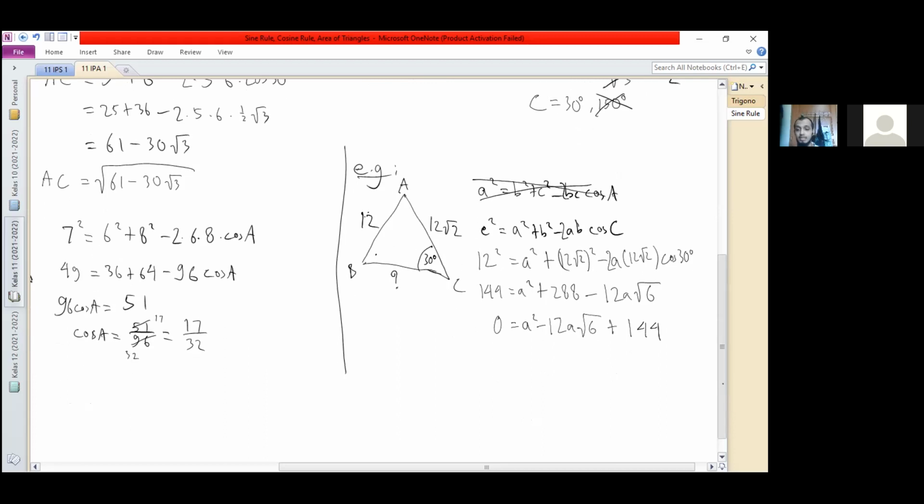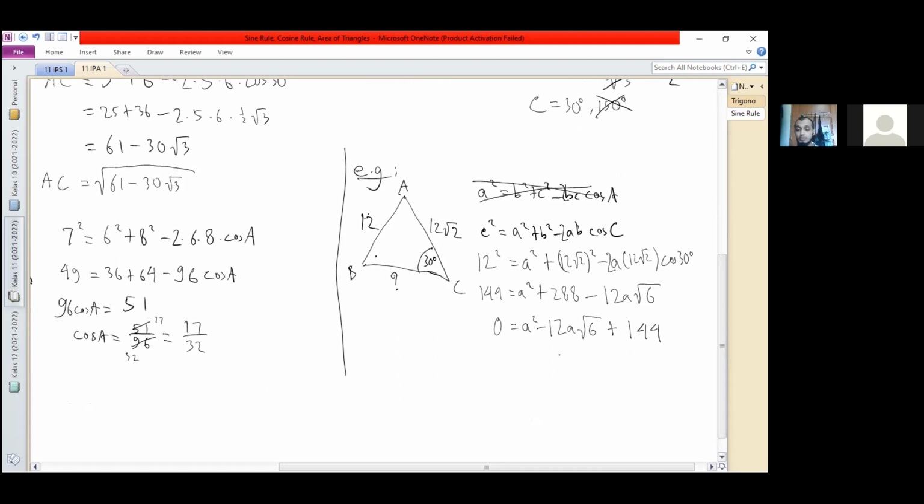Again, this is not easy, but at least we can find the solution by using the quadratic formula.